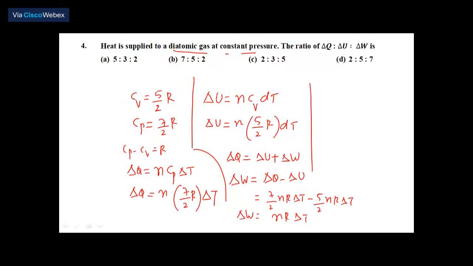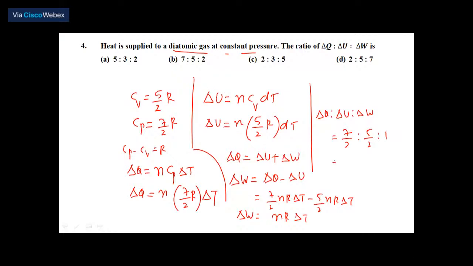Okay. Now, what is the ratio in all the three? NR into delta T is common. Therefore, we can write the ratio as delta Q is to delta U is to delta W is equal to, delta Q is 7 by 2, delta U is 5 by 2, and delta W is 1, because the coefficient of NR delta T is 1.